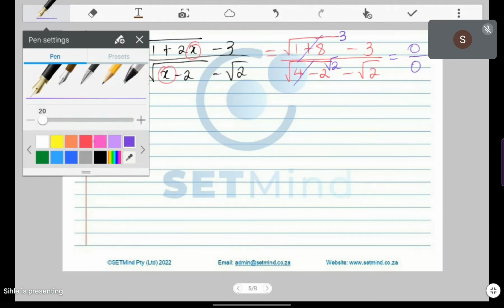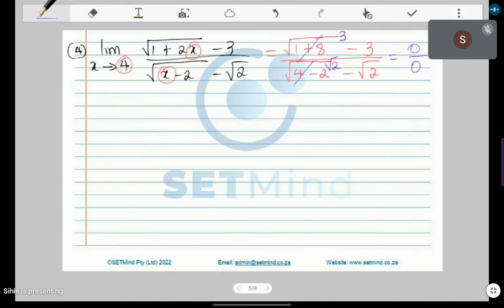And guess what? This is what we wrote in the previous page: indeterminate form. So we said when we have an indeterminate form, 0 over 0 or infinity over infinity, all we'll do is use L'Hopital's rule, because you guys know L'Hopital's rule already, so it's easy.